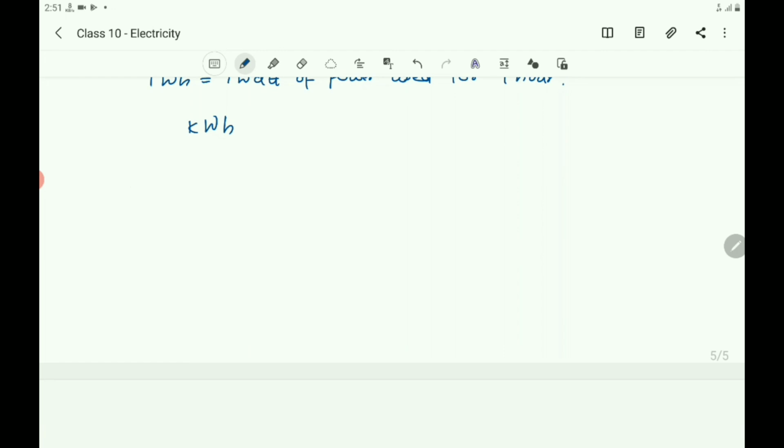So let us calculate how many joules it is. Generally kilowatt hour is termed as a unit. 1 kilowatt hour means 1 unit of current.